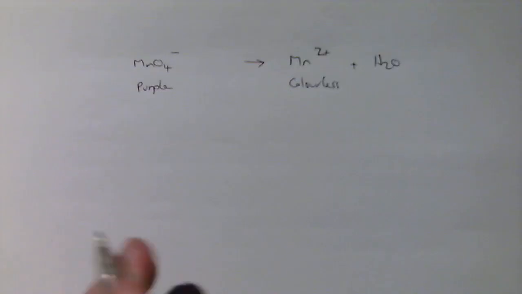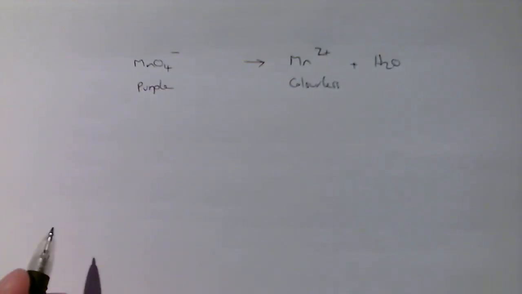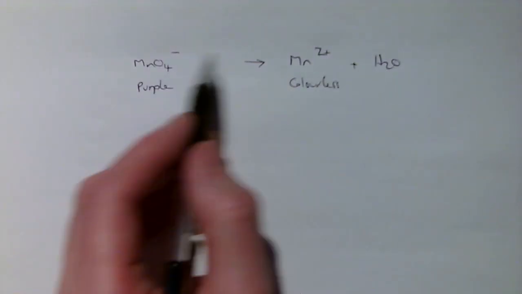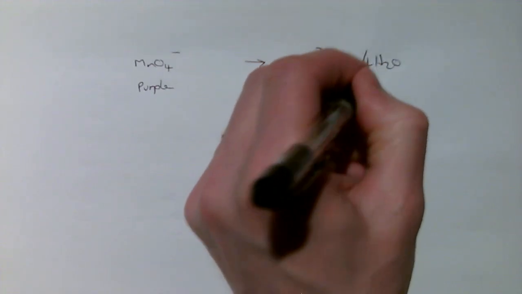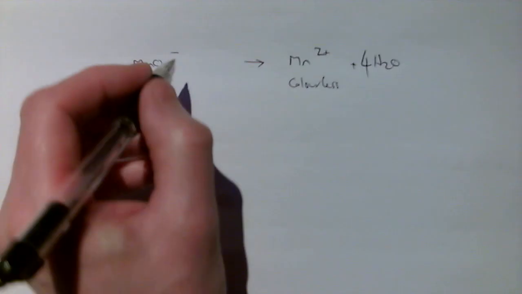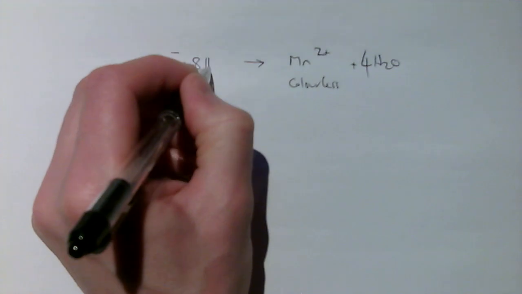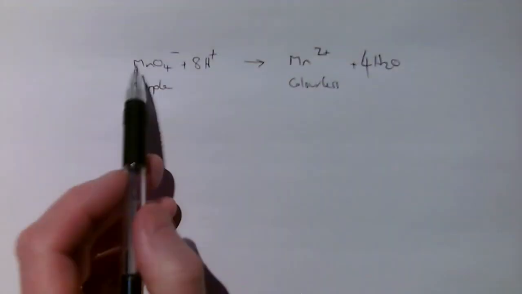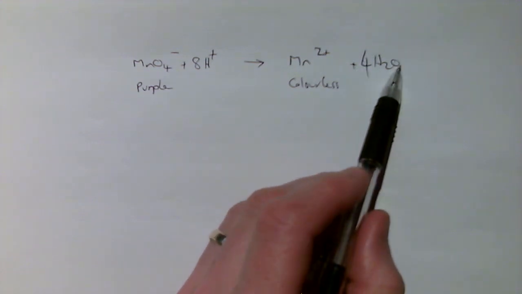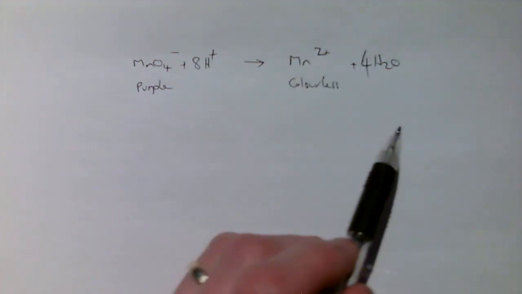You don't even think about it, and it works correctly every time. How many oxygens have I got on that side? I've got 4, so I need 4 on this side. That creates 4 times 2, which is 8 H plus. So I've got 1 Mn, 1 Mn, 4 O's, 4 O's, and 8 H plus.